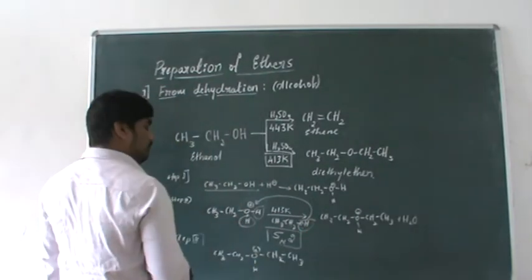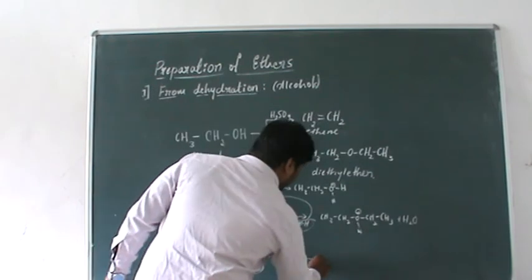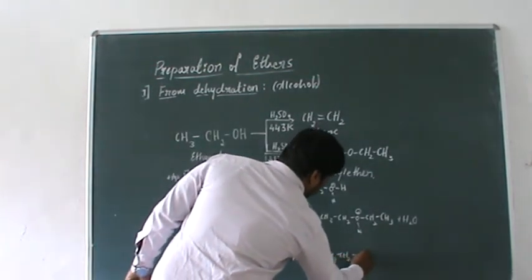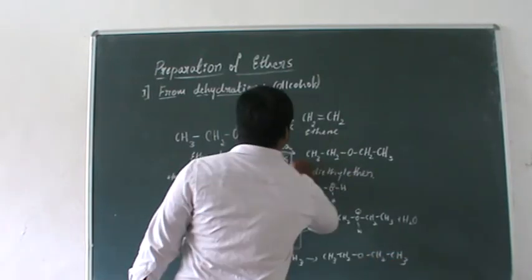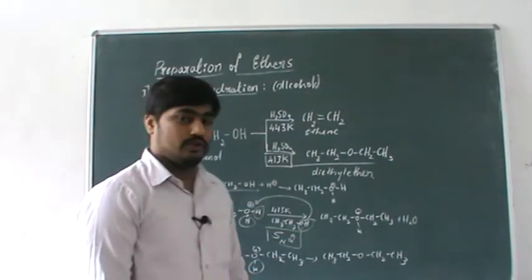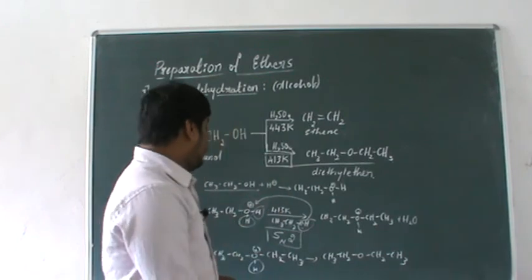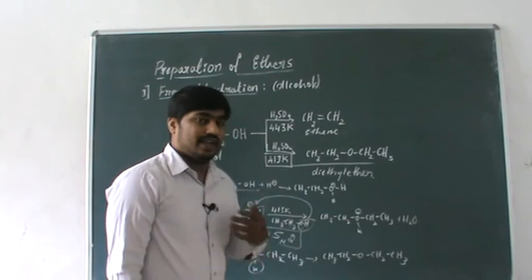The protonated ether loses a proton and produces the corresponding ether, CH3 CH2 OCH2 CH3. This is the mechanism of this reaction, and ether is produced in the last step. This is the product.